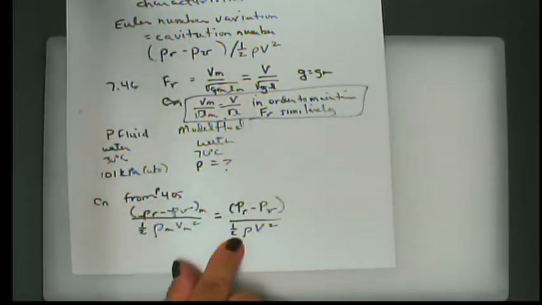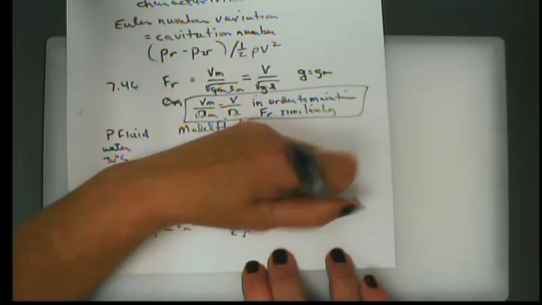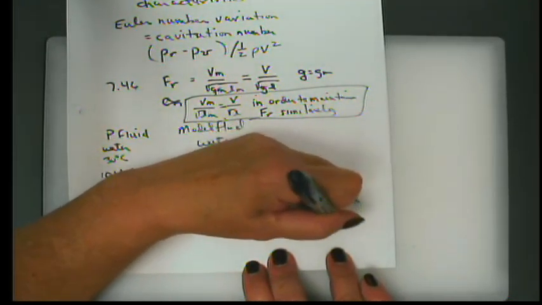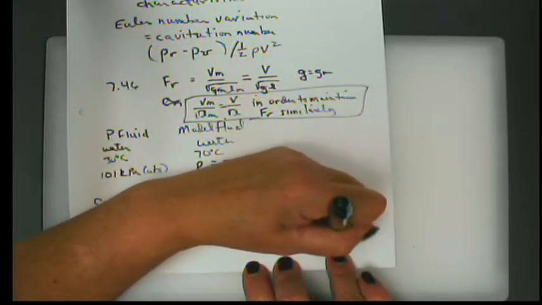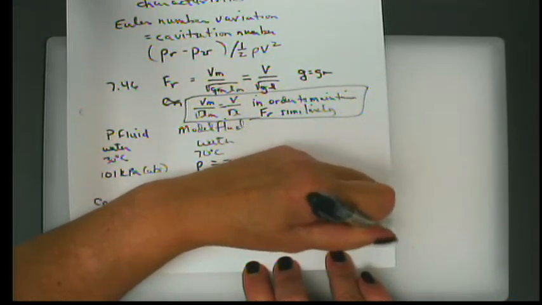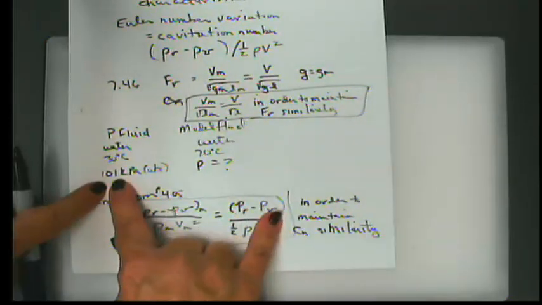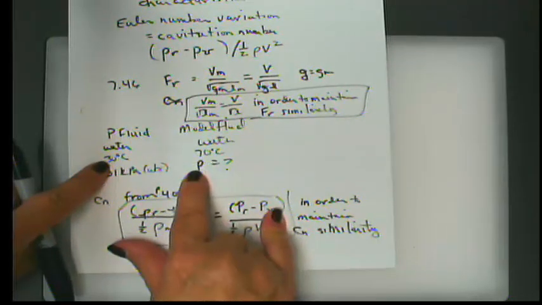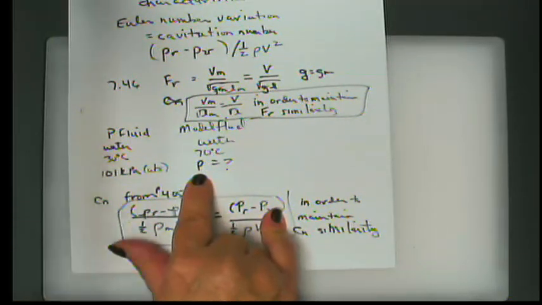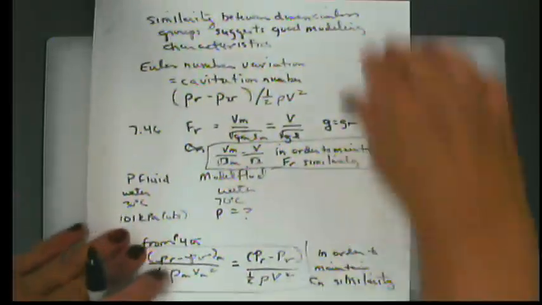This is our second condition in order to maintain cavitation number similarity. So we have two conditions. What we're really looking at is an absolute pressure and a temperature, and based on that temperature we want to know what our new absolute pressure has to be in order to maintain that similarity.